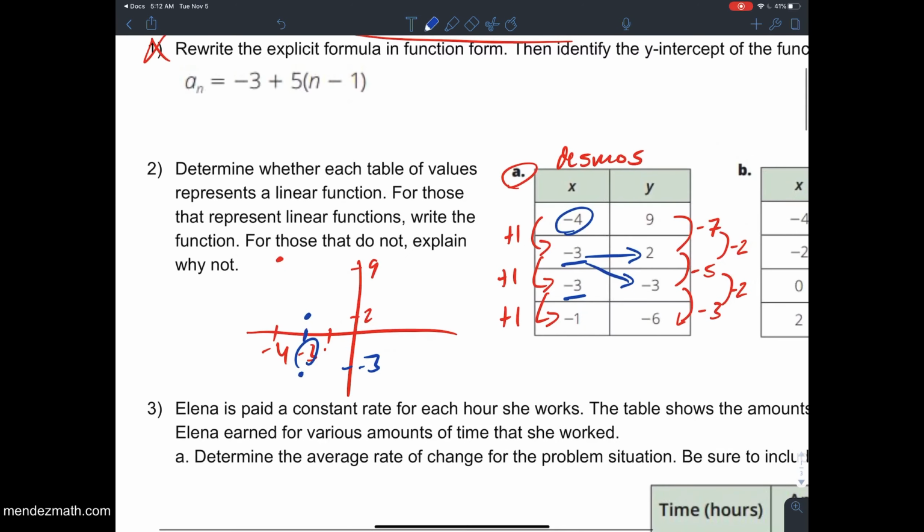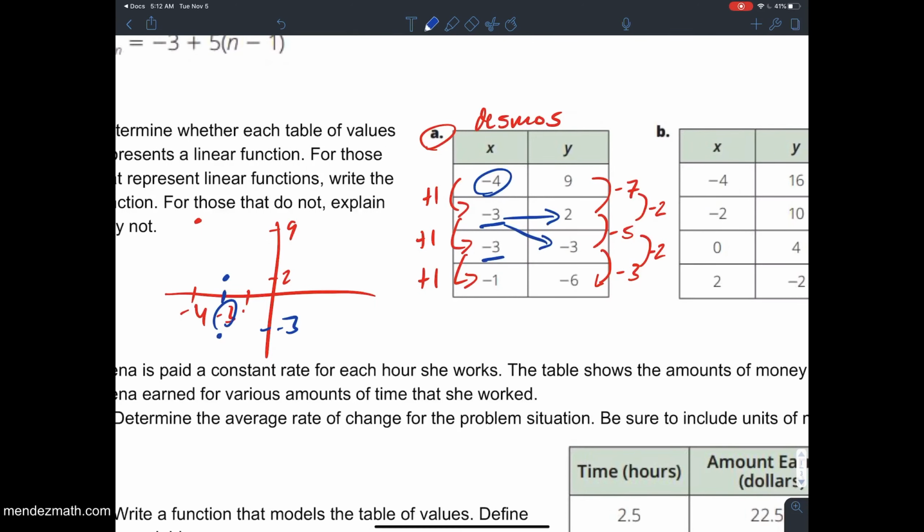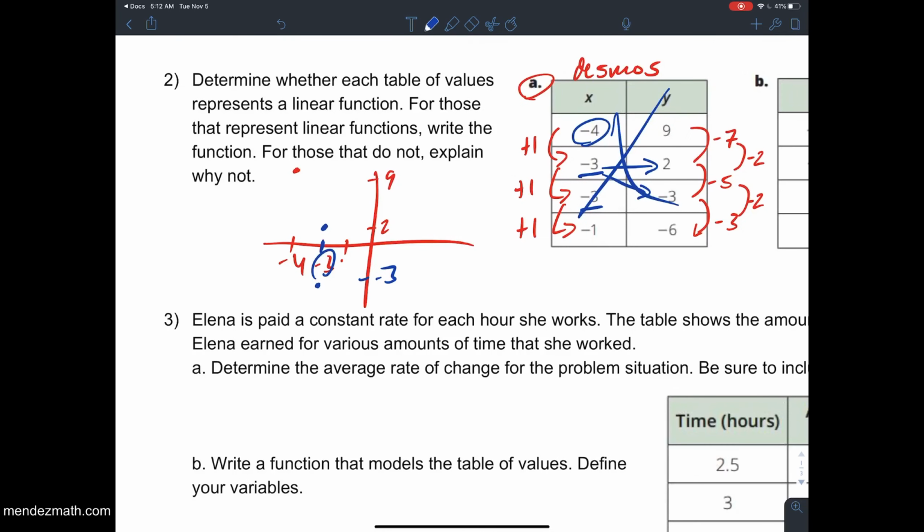I didn't even see that. All right. So that means no. Not a function. Explain why not. Actually, here's a better answer. Let me erase all this.